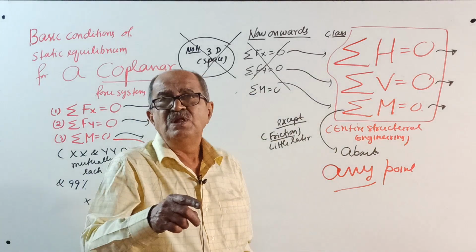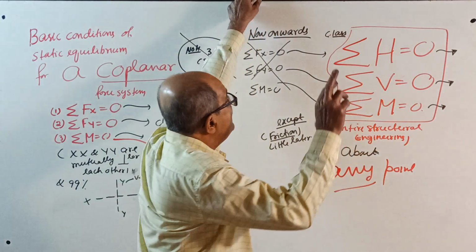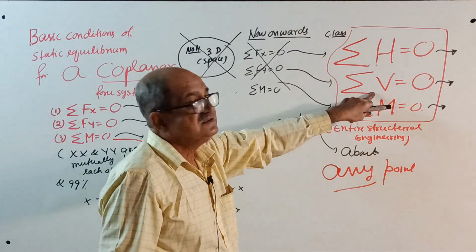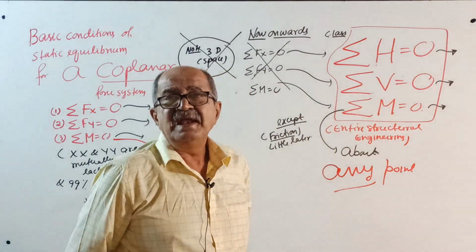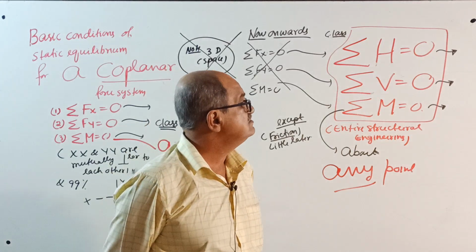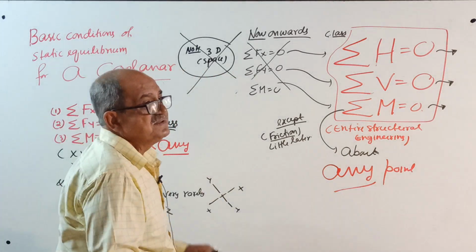See, when I do the first example, numerical or problem, when I write sigma H = 0, I will write the explanation: sigma H = 0, sigma V = 0, sigma M = 0. Second question onwards, I will tell you it is your responsibility to write. Now, all these basic concepts I will write in the notes.